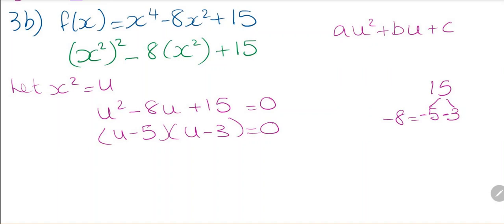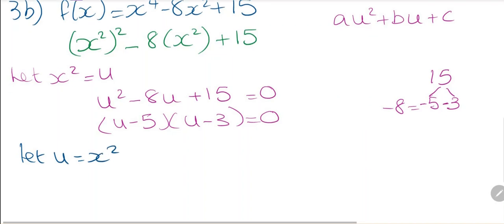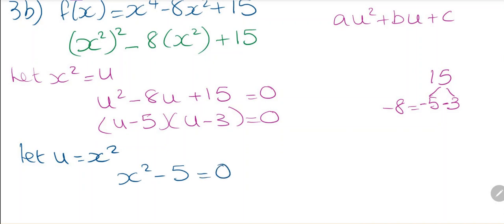Now I'm going to replace back, so u equals x squared. We're going to say x squared minus 5 equals 0, and x squared minus 3 equals 0.